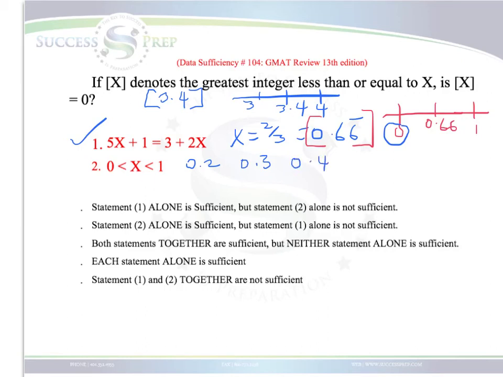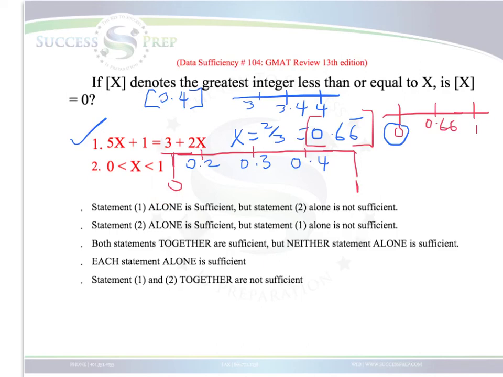Again, if you plotted all these values on a number line, you recognize that to the left you have 0, and to the right you're going to have 1 somewhere. So what is the largest integer? Again, the key word is integer, not just any number. What's the largest integer you can find that is less than or equal to 0.2 or 0.3 or 0.4? The closest integer you can find is going to be 0.